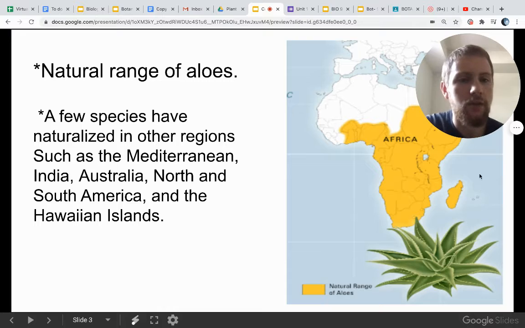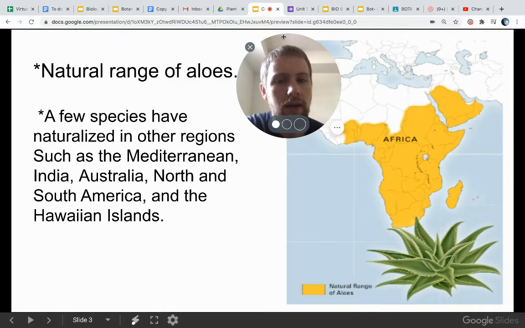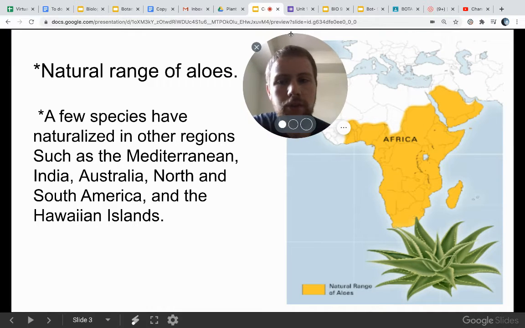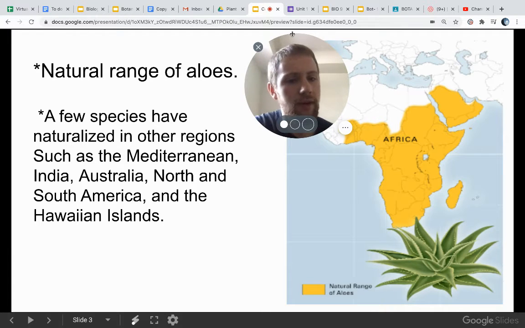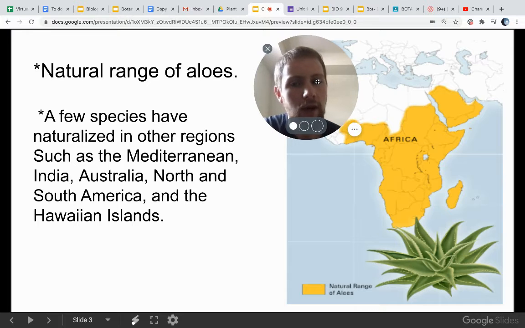The natural range of aloe vera and the aloe genus is in Central to Southern Africa, as well as Madagascar, and then largely the Middle East. The Middle East, the Arabian Peninsula, is actually the origin of the aloe genus.